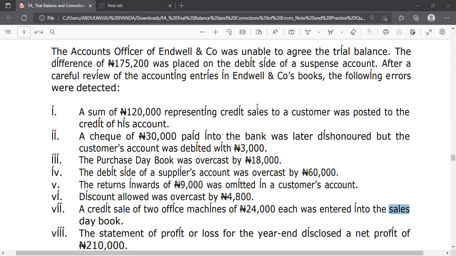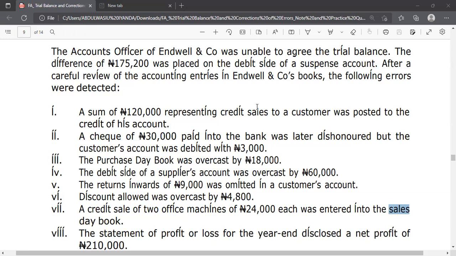That one is fine, but don't look at it from that angle. They say a sum of 120,000 representing a credit sales to a customer was posted to the credit side of his account. So meaning that the customer account was credited.